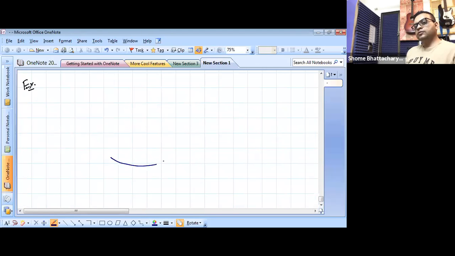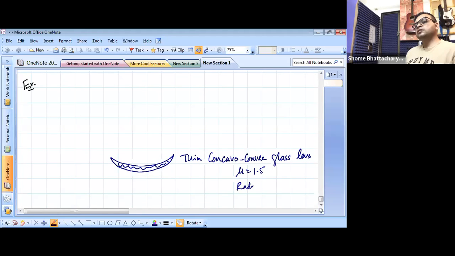We have a thin concavo-convex glass lens, refractive index 1.5 and radii, let's say, 90 centimeters and 60 centimeters.